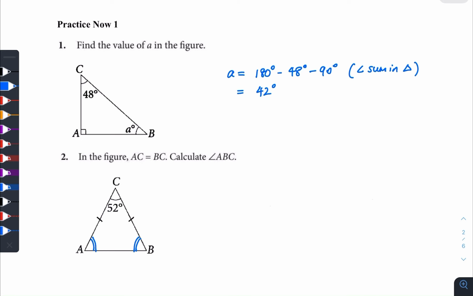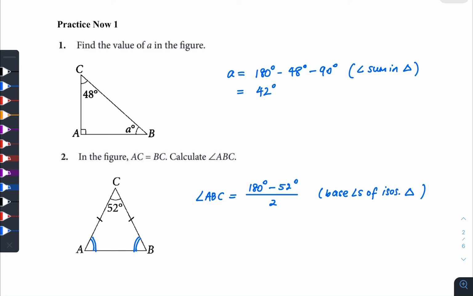Or otherwise you can put x plus x plus 52 is equal to 180, then you can do it like algebra, but usually that takes more time. So what we can write is first ABC is equal to 180 minus 52 divided by 2, and the reason is because of base angles of an isosceles triangle.